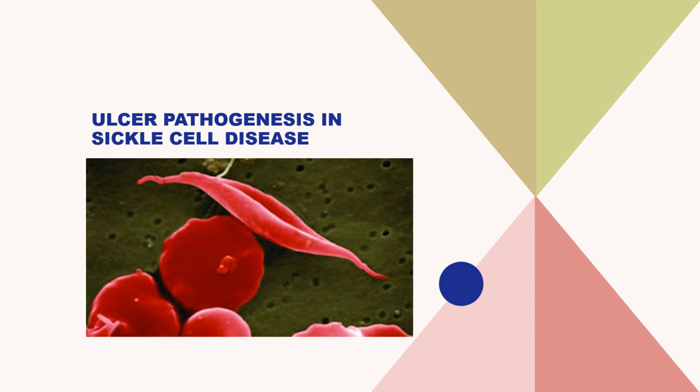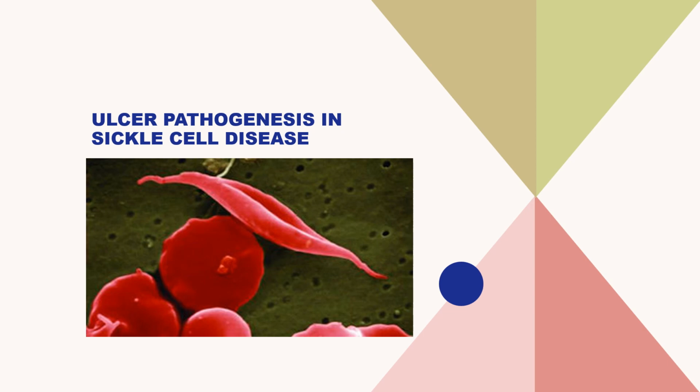Unfortunately, while the cells are in a sickle shape, they tend to increase blood viscosity and become sticky. This causes slowing of the blood flow in the small vessels and subsequently clotting of the vessels. This results in ischemia of tissues and organs.